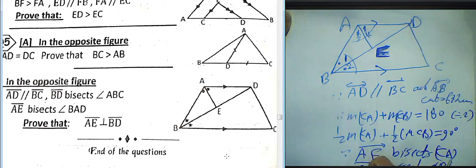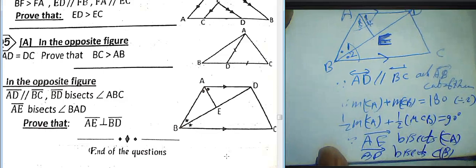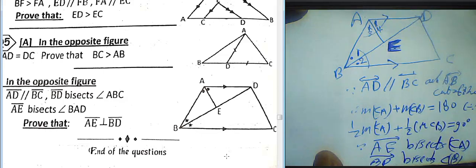Then half of measure A plus half of measure of angle B equals 90 degrees. Understood? Because the angles are equal in measure.